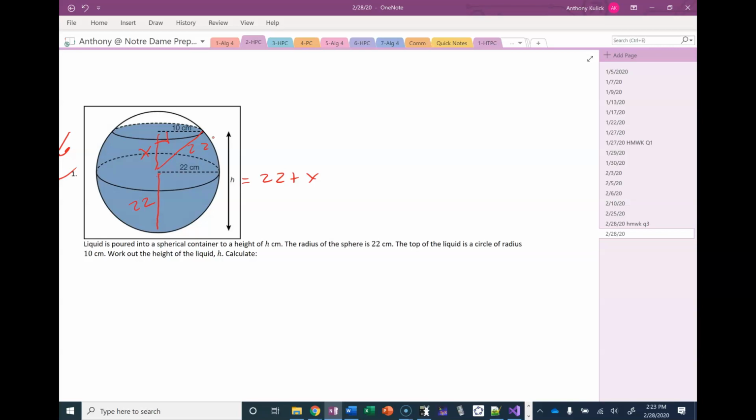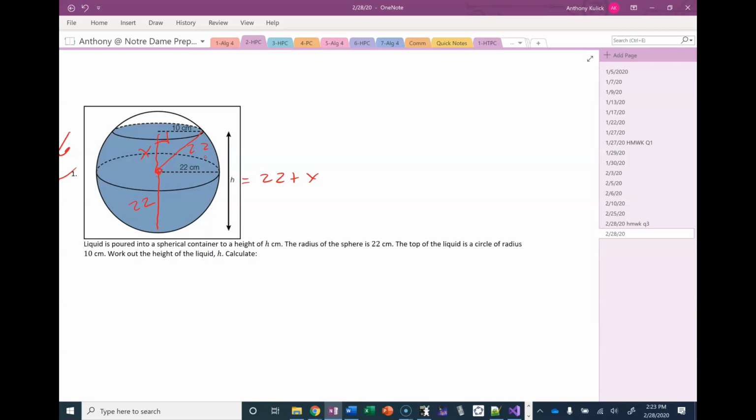Are you happy with that? Yeah. So identifying the radii was the trick for that one. But remember, when you have a sphere or a hemisphere, anything drawn from the center to the surface is a radius. You can draw them wherever you want. As long as it's going from the center to the surface, it's a radius.